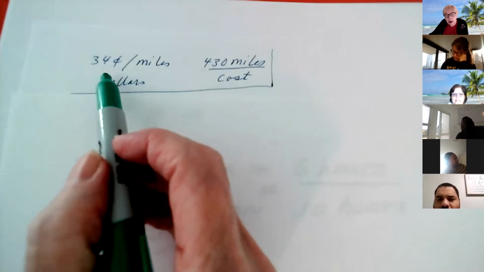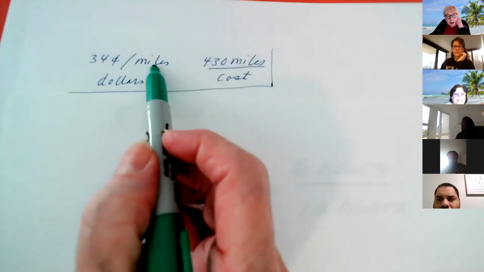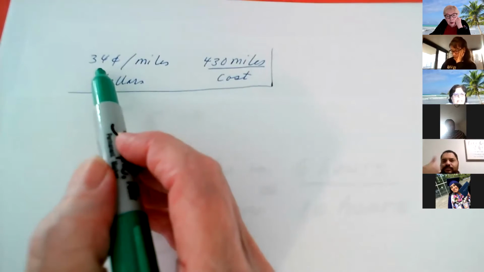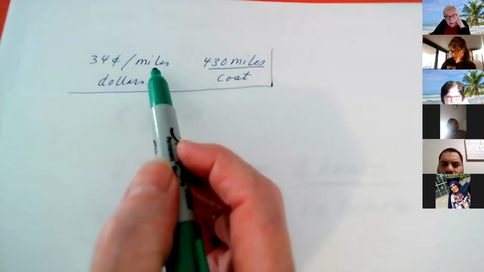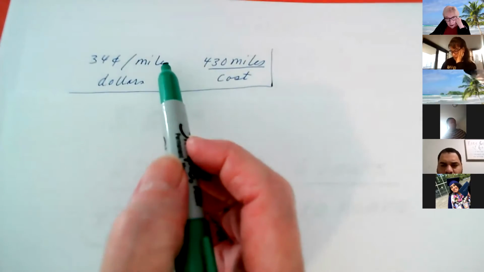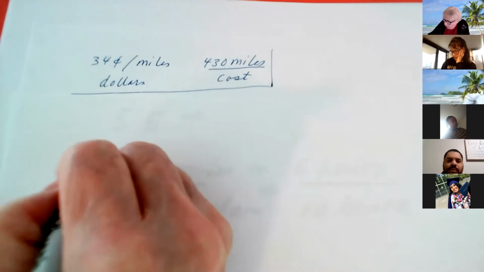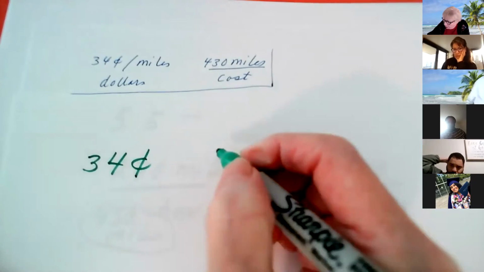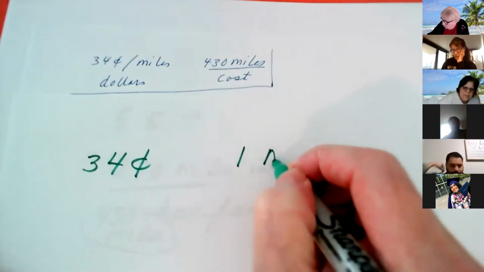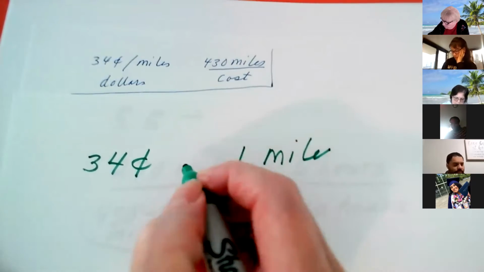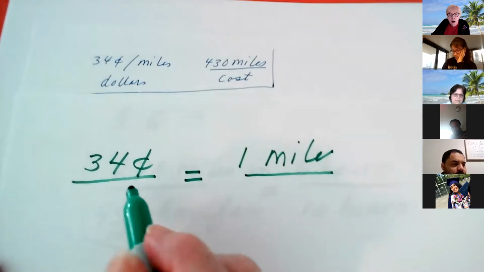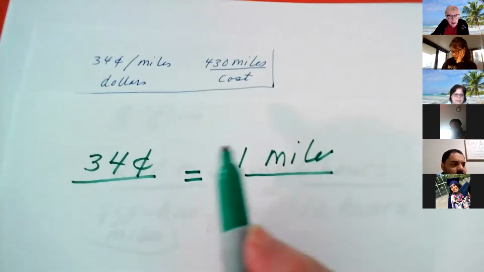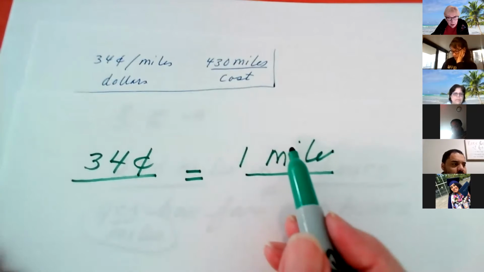This problem, okay, this is the one I'm going to go over. It was 34 cents for 1 mile. And I said per mile. So 34 cents represented 1 mile. I'm setting this up horizontally. 34 cents was 1 mile.